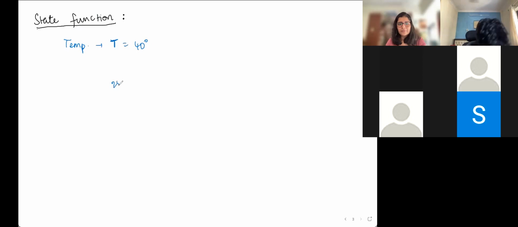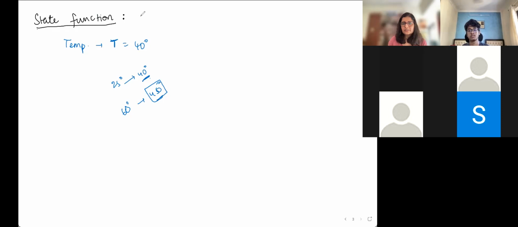If I heated it up from 25 degrees to 40 degrees, it still ends up at 40 degrees. If I cooled it down from 60 degrees to 40 degrees, when I put the thermometer in at the end, I'm going to get 40 only. So at this moment the temperature is 40 degrees. That is the state of that particular thing. State functions describe the state and don't depend on how you arrived at that condition.